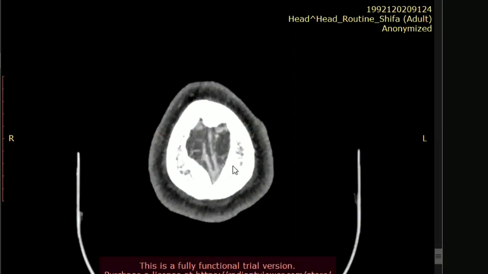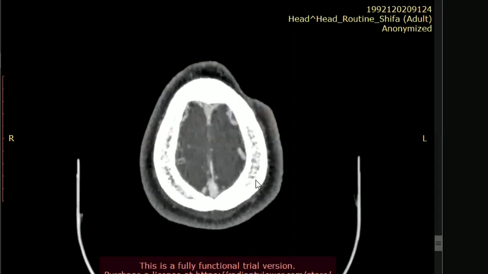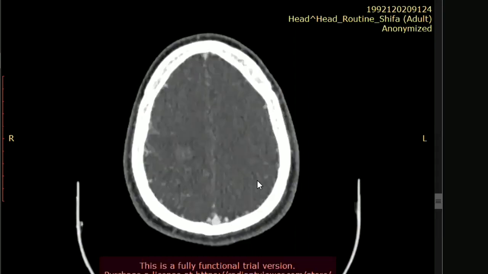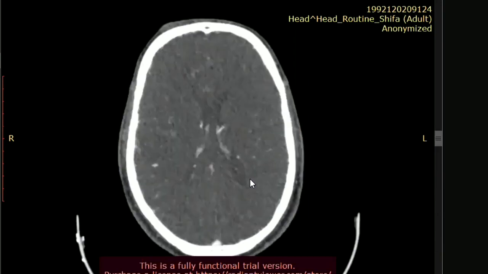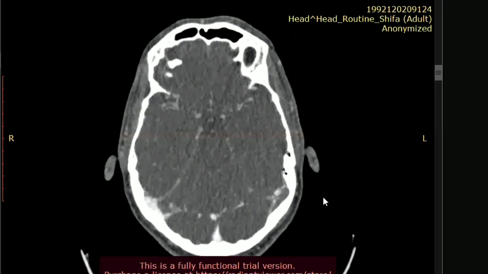This is the superior sagittal sinus, and this is the empty delta sign, extending anteriorly.